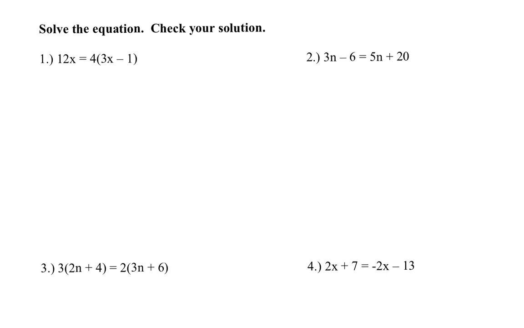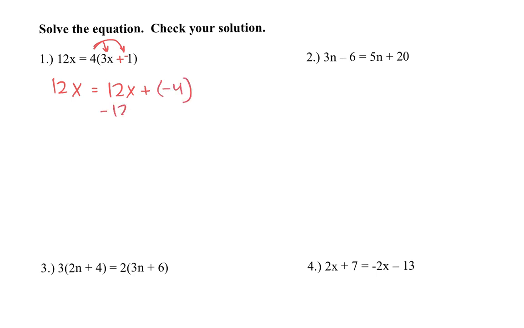So let's start with number 1. I'm going to start by distributing. So multiplying the 4 times the 3x and the 4 times 1, or probably easier to keep change and think about that as -1. So here I have 12x equals 12x plus -4.